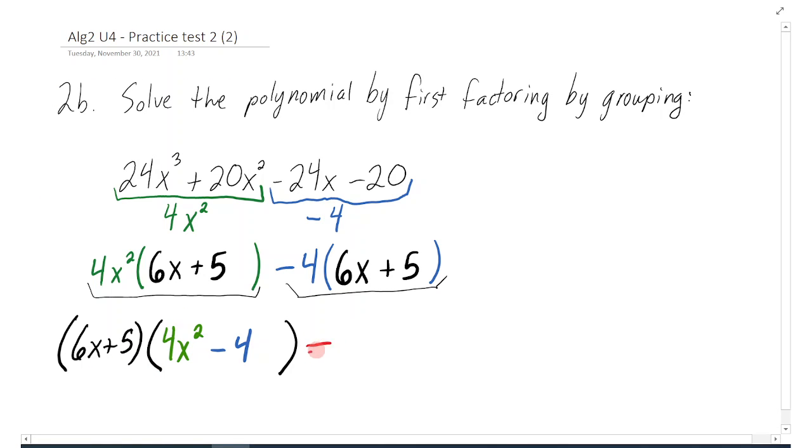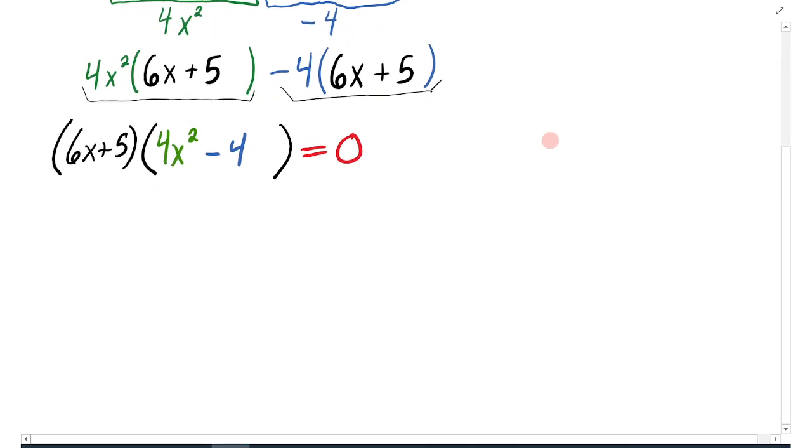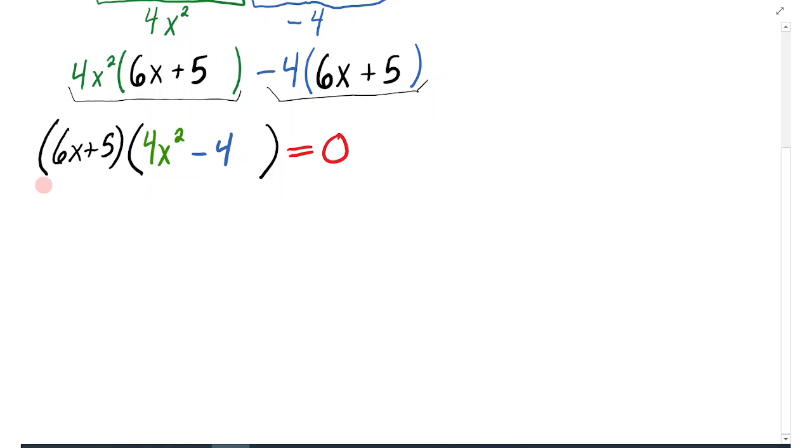To solve it, we have to set this equal to 0, because that's what solving polynomials means. And notice we have two things here being multiplied together. Now, it's possible for this, the 6x plus 5, to equal 0, in which case it doesn't matter what this 4x squared minus 4 is.